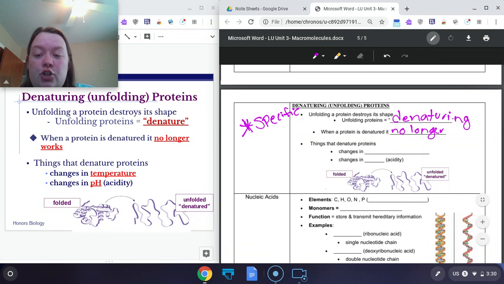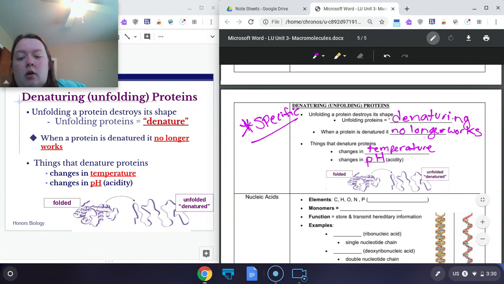So if a protein changes its shape at all, it no longer works because proteins are highly specific. A few things that can change proteins are temperature and pH.